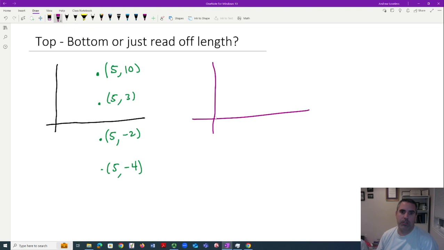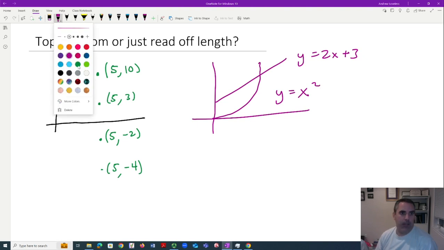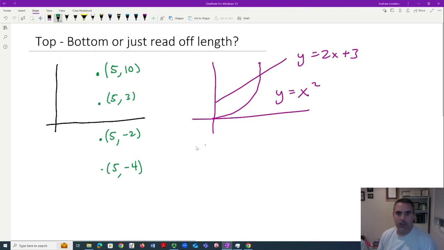Let's say we have a function. Let's just pick one. How about y is equal to 2x plus 3? Let's have some other function, I don't know, y equals x squared. And let's say we have some line down here, y equals negative 4.